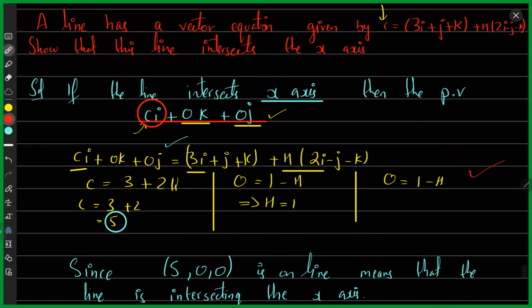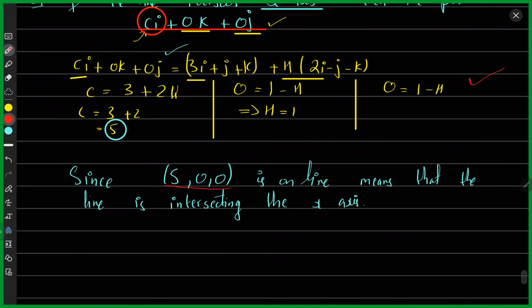That turned out to be c with 5. So this was clear that (5, 0, 0) was lying on the line. Now, if (5, 0, 0) was lying on the line, this basically meant that the line was intersecting the x-axis because this is the x coordinate and the y and z coordinates were 0. So this is only possible when the line is cutting the x-axis, right? So this was basically the idea.